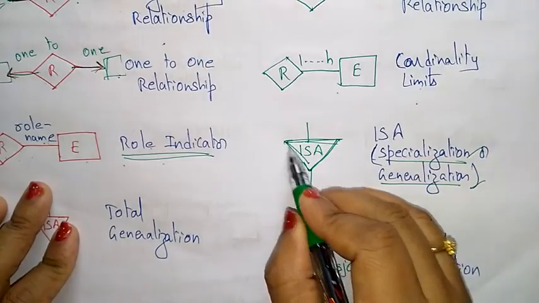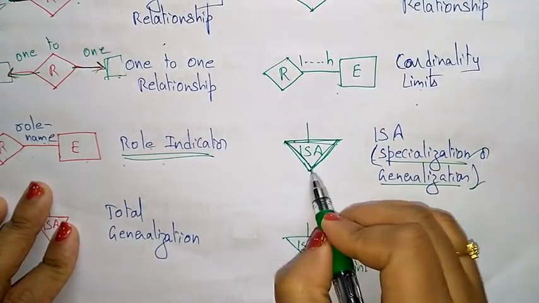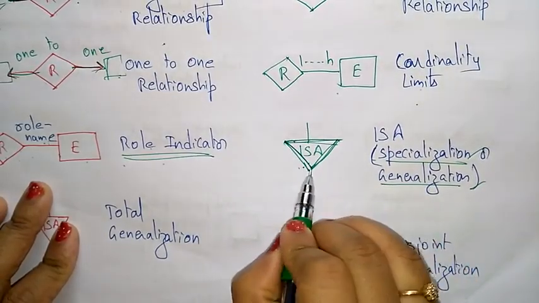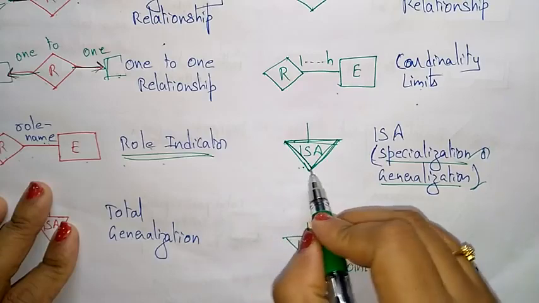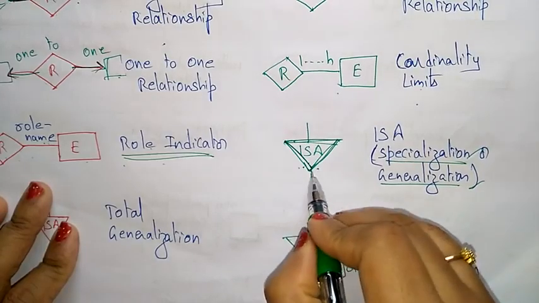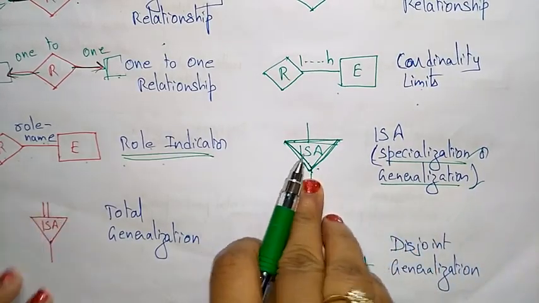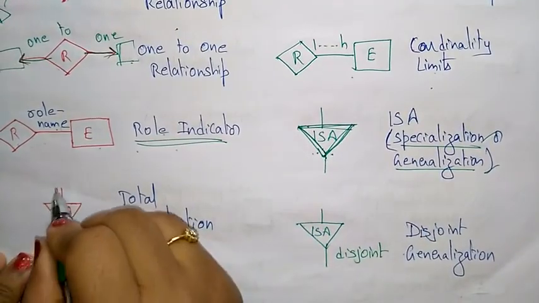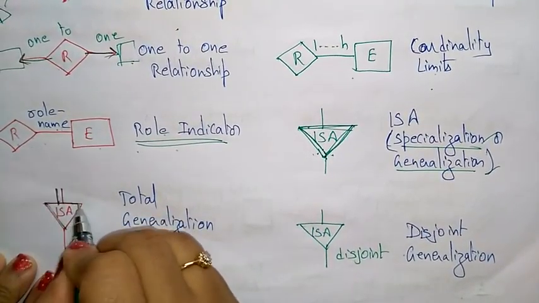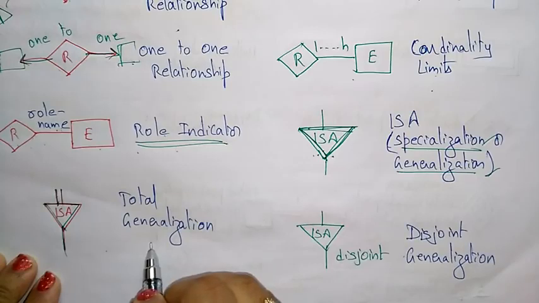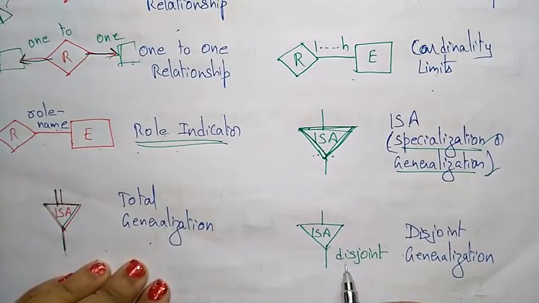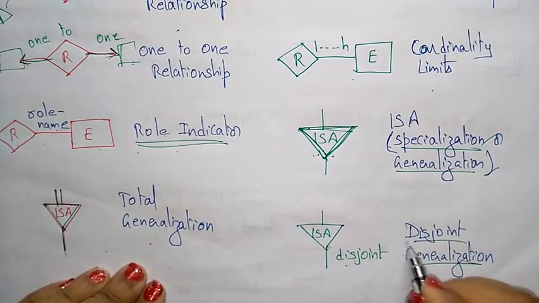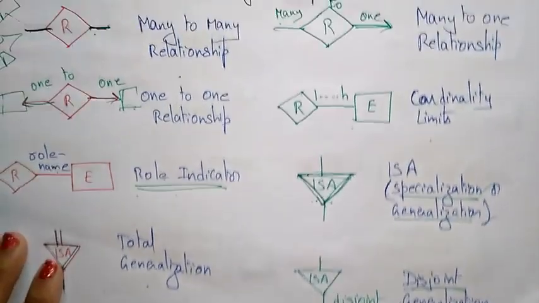Just remember this component symbol, the ER diagram is-a, used for specialization as well as generalization. And this is for total generalization. And if you mention disjoint here, you call it a disjoint generalization.